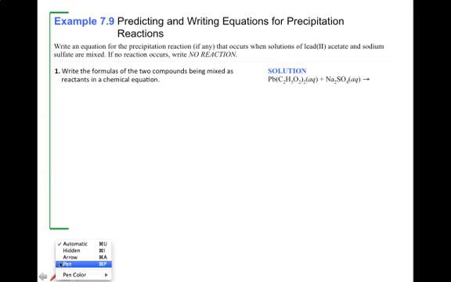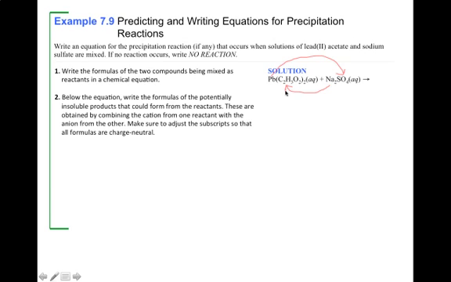Now you should, by now, be able to write these. If you have lead 2 acetate, and I told you that you need to learn acetate, you know that it's written like this. And sodium sulfate is written like this. Now what you do is you swap their partners, to see if swapping their partners, once they get into solution, gives you the possibility of having any solid precipitate.